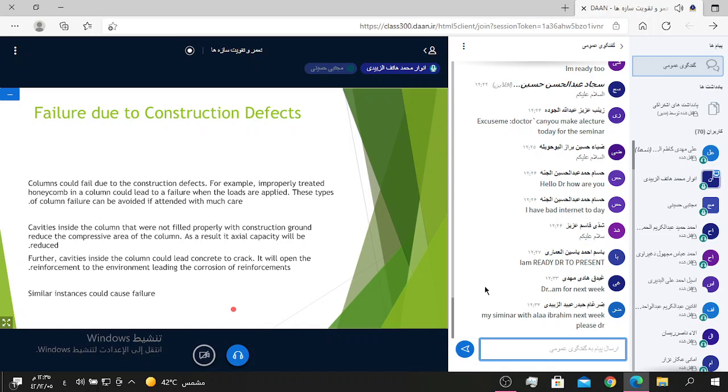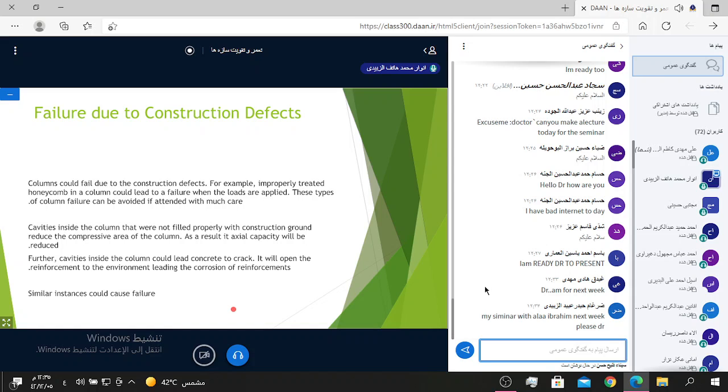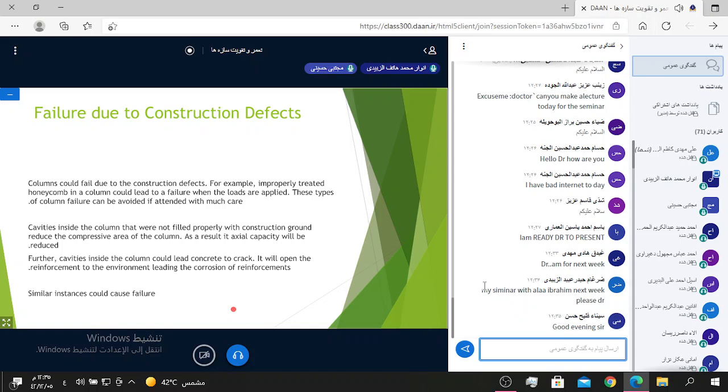Okay. Failure due to construction defects. Columns could fail due to construction defects. For example, improperly treated concrete in a column could lead to failure when loads are applied. These types of column failure can be avoided and attended to with much care. Cavities inside the column that were not filled properly with construction grout.